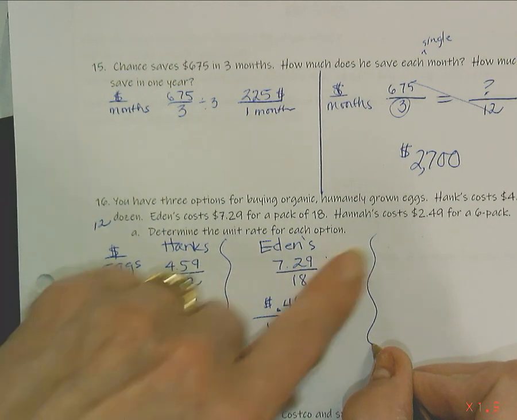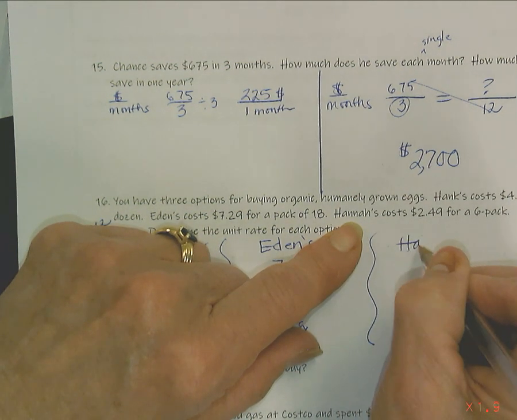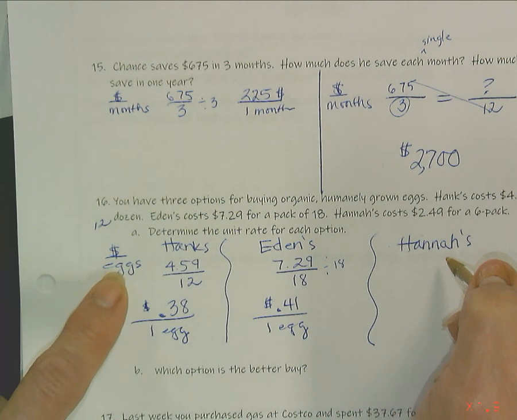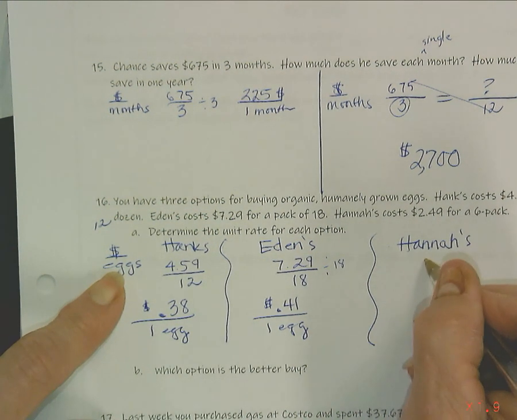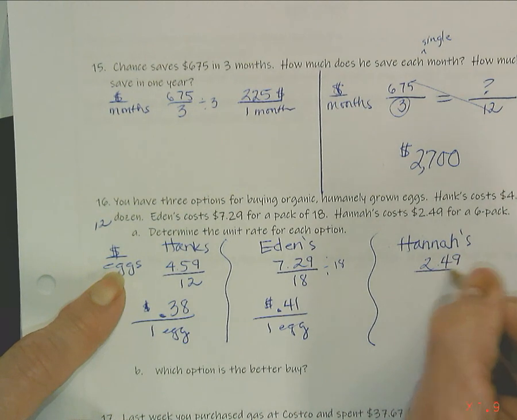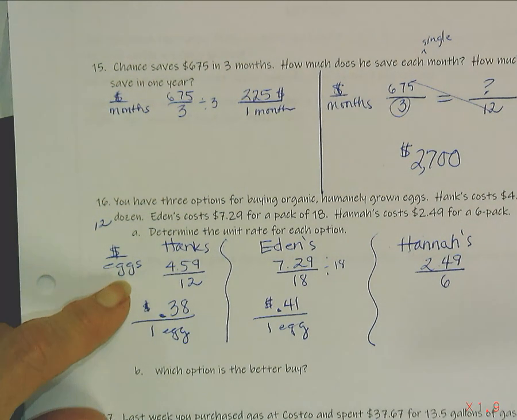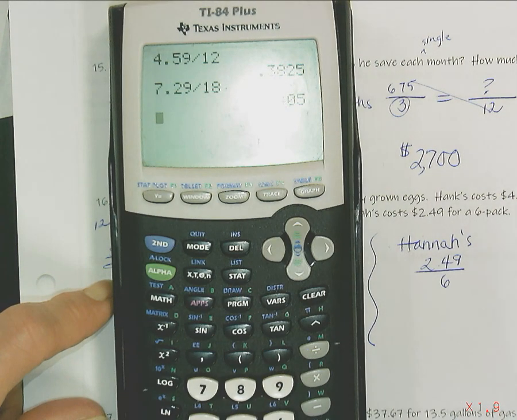And then my last option is Hannah's. And according to your word fraction, I put money on top, $2.49, and eggs on the bottom. This is a 6-pack. And what do I do here to get a unit rate?